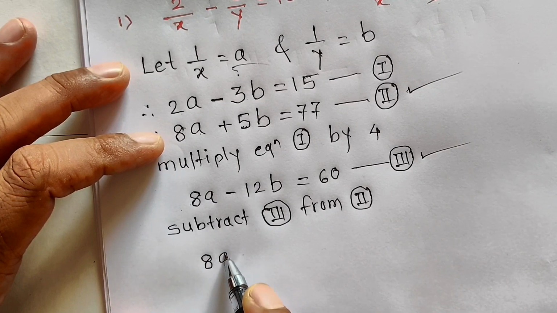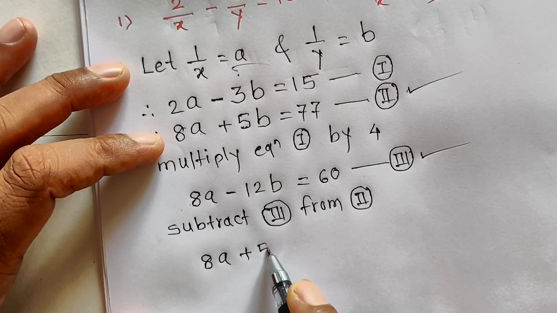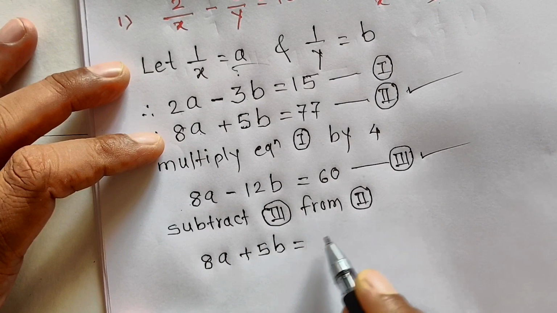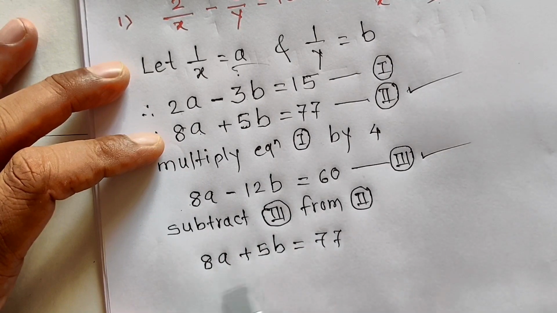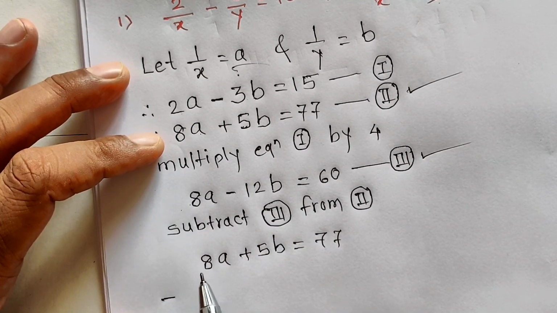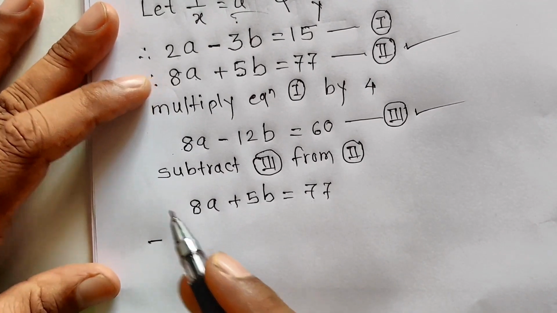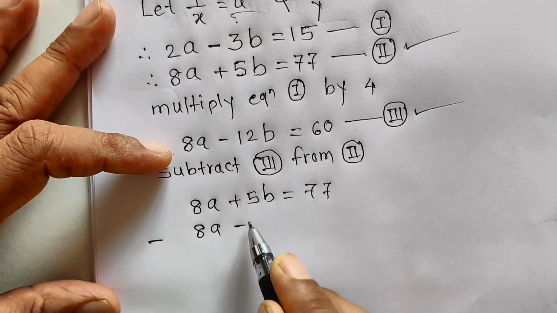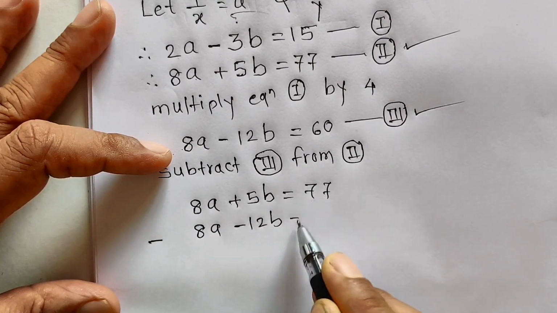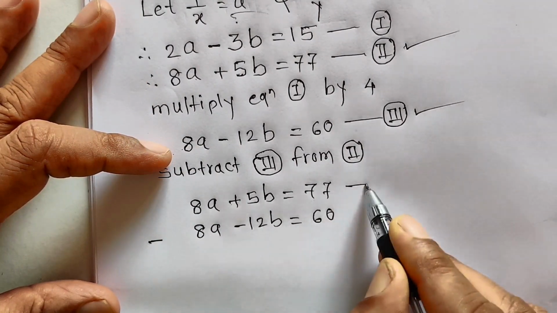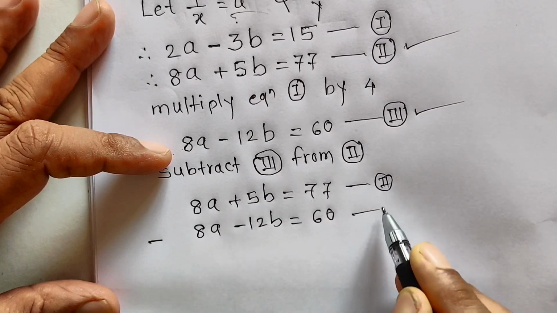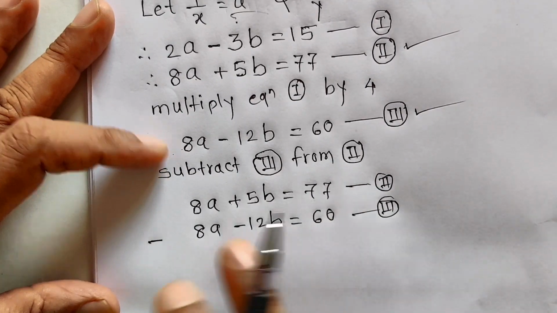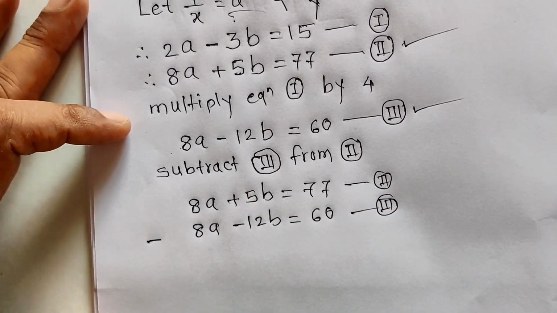Equation 2 is 8a plus 5b is equal to 77. This is equation 2 minus equation 3, which is 8a minus 12b is equal to 60. So this is 2 and this is 3. So subtract 3 from 2.